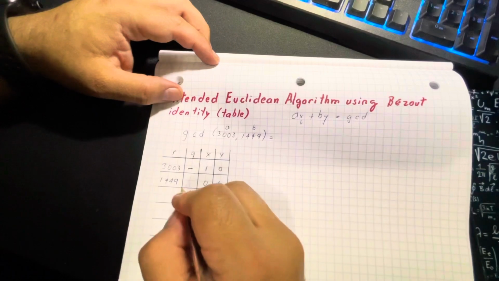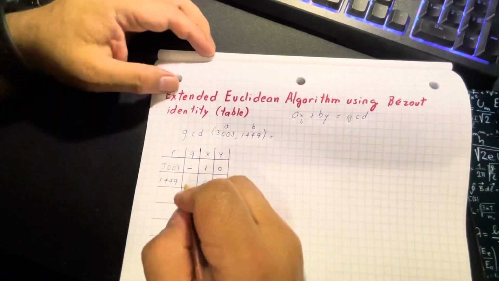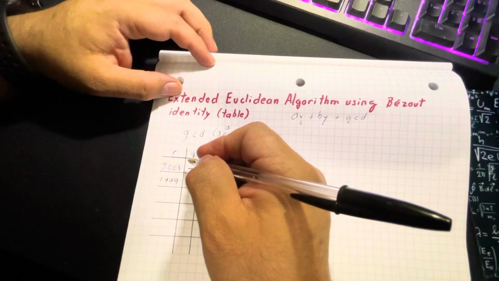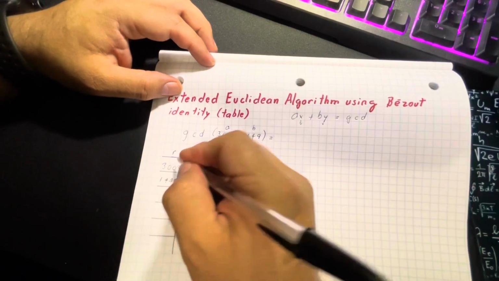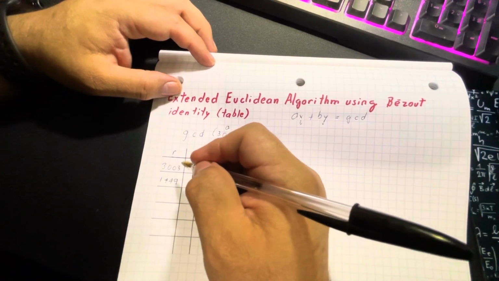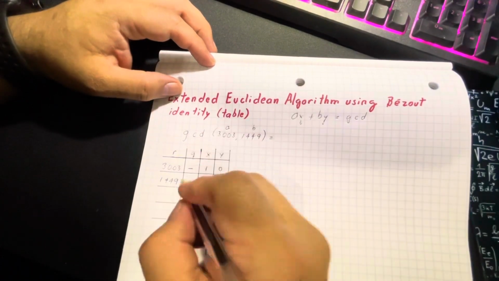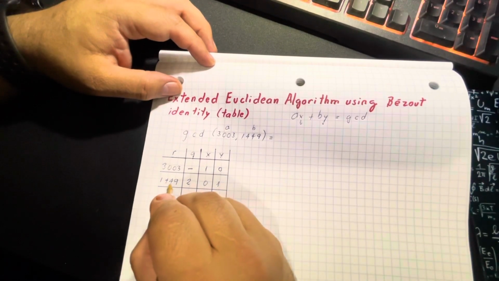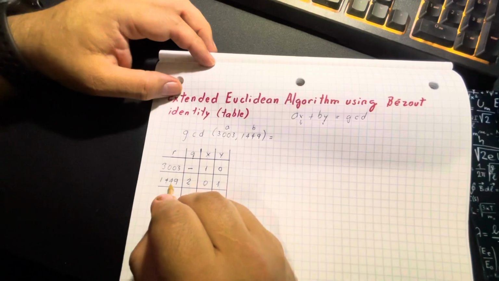Okay, so you have to find a number that multiplying 1449 is not going to exceed 3003, and it's going to give you a remainder. In this case we can use 2, right? 2 times 1449 equals 2898, right?